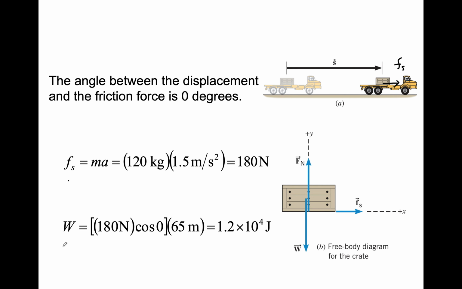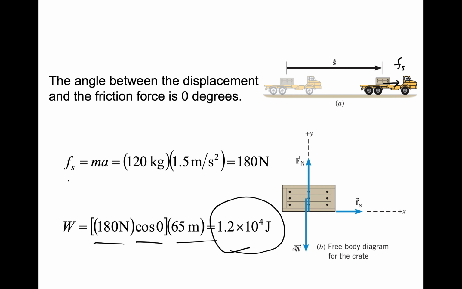And the work done by friction would be friction times displacement times cosine of the angle between the static friction force and this displacement, which is 0. Everything together, we know the work done by friction is positive work, 1.2 times 10 to the 4th joules.